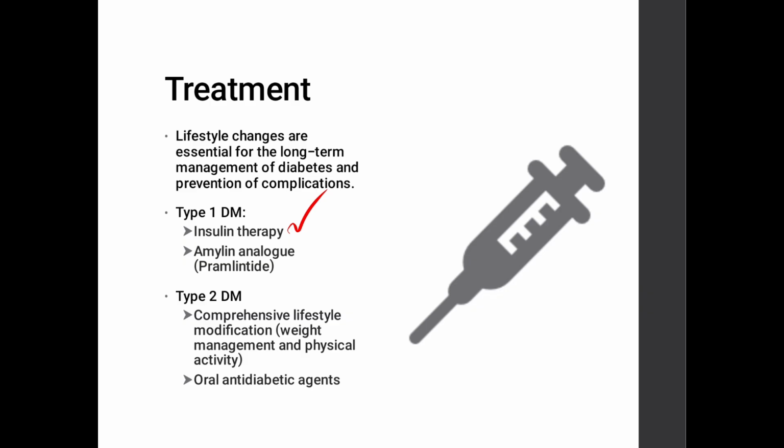As we said, type 2 diabetes patients usually have a bad diet, sedentary lifestyle, eating a lot of fat, etc. So we need to compromise their diet and change it. For example, introduce a healthier diet, and then if it didn't work, we can use oral anti-diabetic agents.